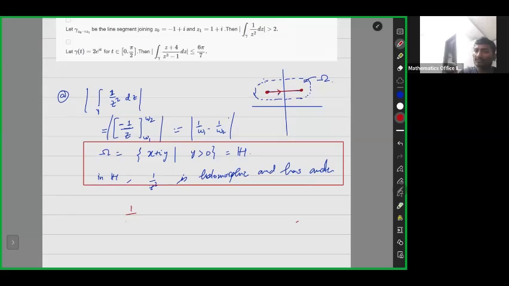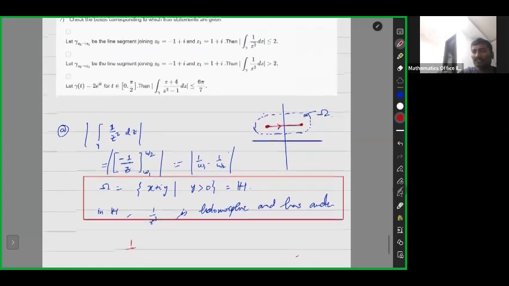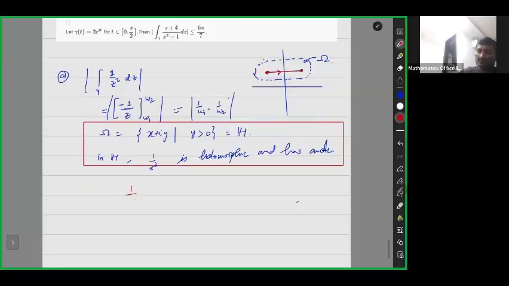We are actually calculating the integral, and we will say that the modulus is less than 2. It is 1 by (1 plus i) minus 1 by (minus 1 plus i), modulus. This is equal to minus 1 plus i minus 1 minus i, divided by (1 plus i) into (minus 1 plus i).